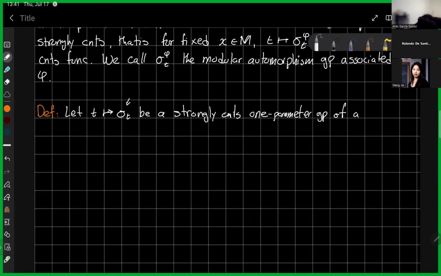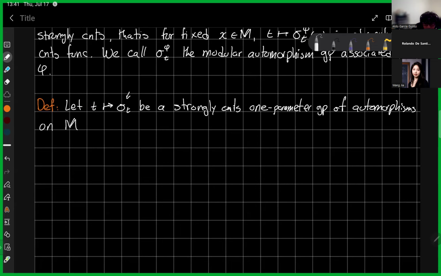Sorry, it's a one parameter group of automorphisms on M, and phi is a faithful normal state on M.